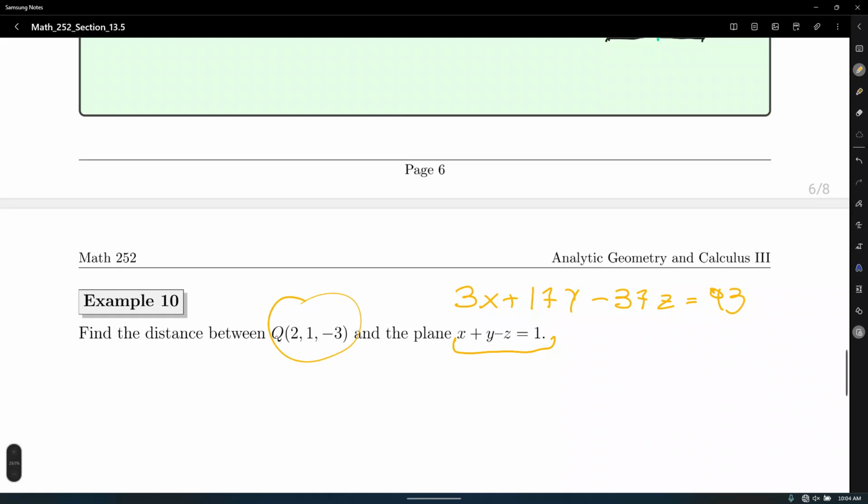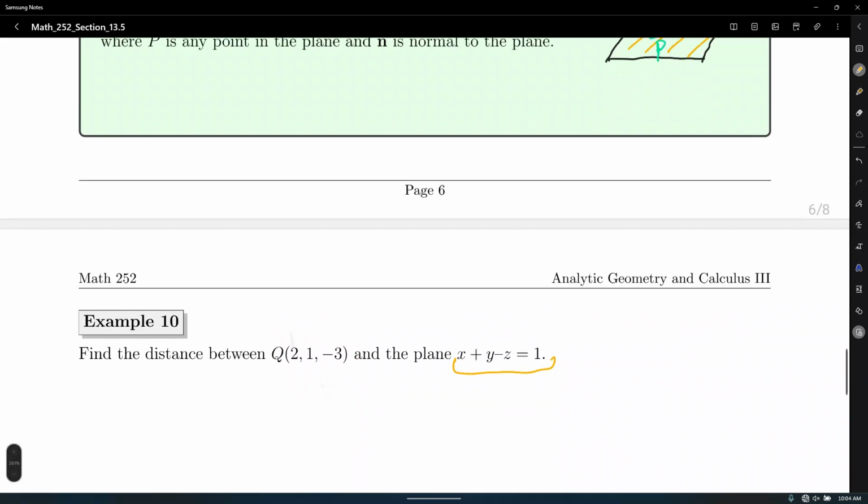Can you find 3 integers such that 3 times the first one plus 17 times the second one minus 37 times the third one equals 93? Good luck with that. All right? How are we going to do this anyway? What's the easiest way to get a point that lives on the plane? Any ideas?